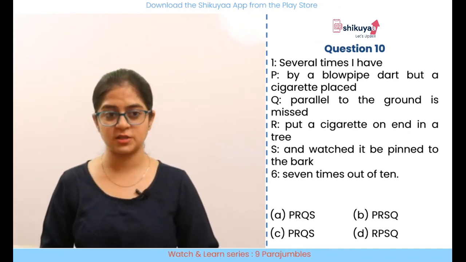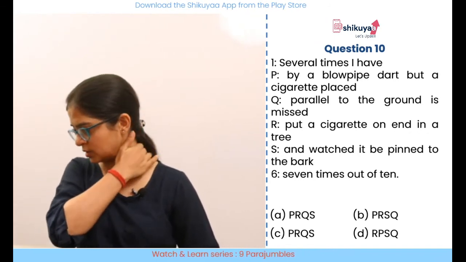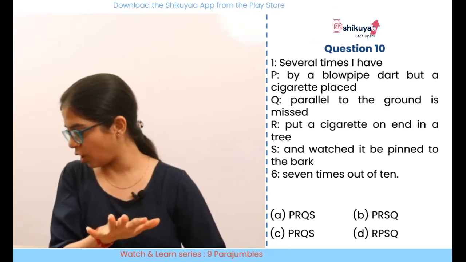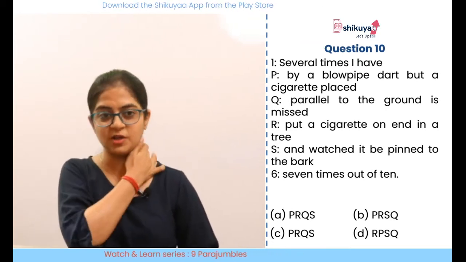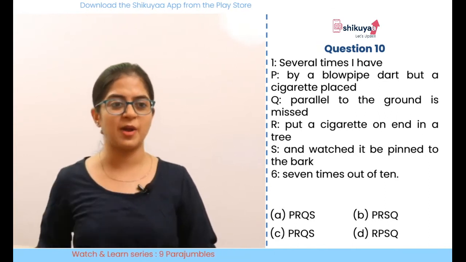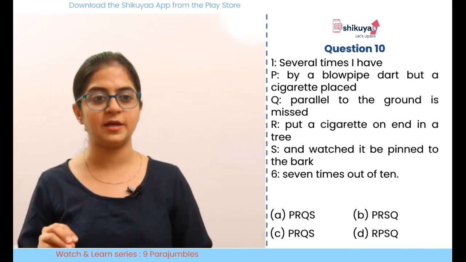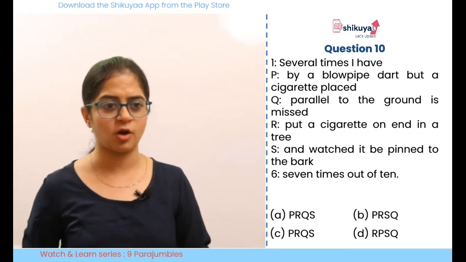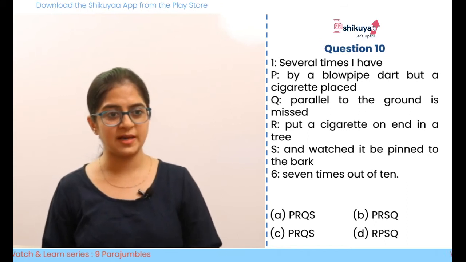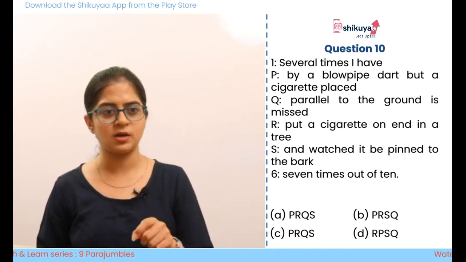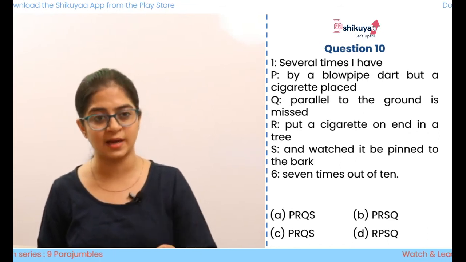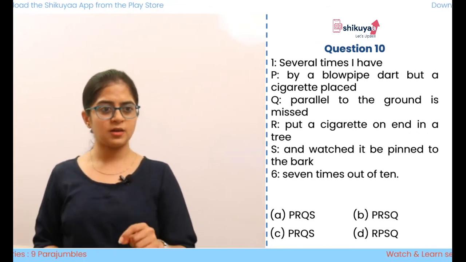Let me just check it, because here I feel that something is wrong with the option. I'm sorry about this inconvenience, but still many of you have replied D. Let us have a check on it. They say the opening sentence is "Several times I have put a cigarette on end in a tree."